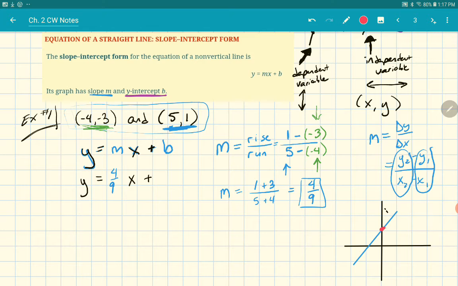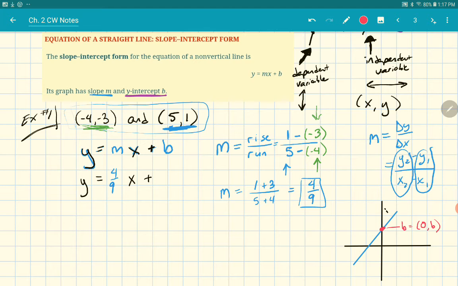And so b equals the y value at that point, the y value when it intercepts the y-axis. So at that point, the x value is 0 and the y value is b. So at what height does the line intercept the y-axis?